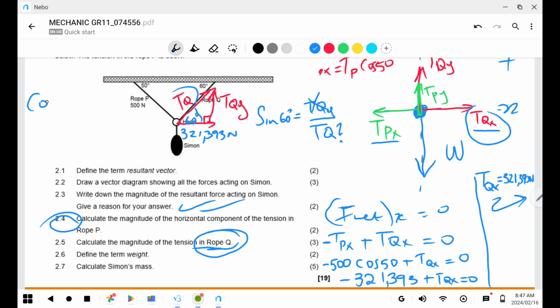Let us go for cosine of 60 degrees. Cosine of 60 degrees will be the adjacent, that is TQX divided by TQ. Do we know the value of TQX? Yes, we just found it. So this will be cosine of 60 degrees equals TQX, which is 321,393, divided by TQ. Then you can cross multiply and solve for TQ.